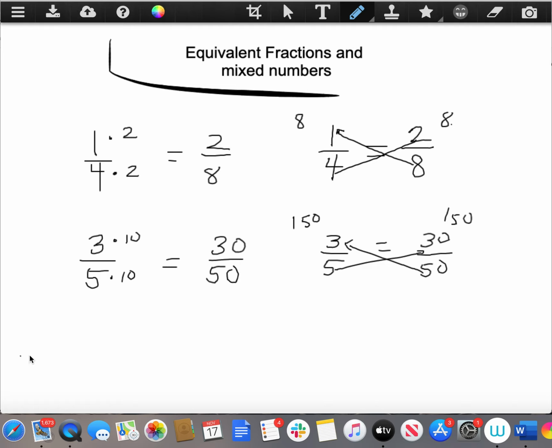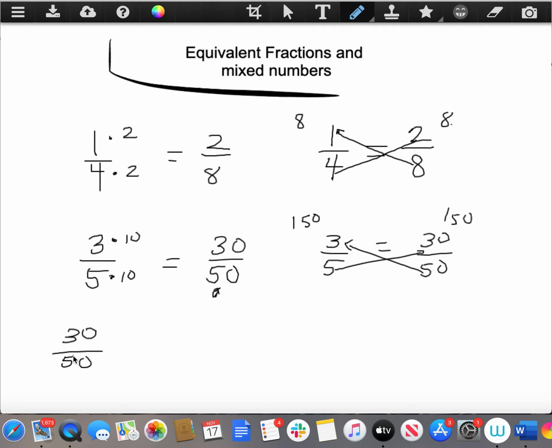Now, there's another way to make an equivalent fraction. I can take a fraction, I'm just going to take this one, 30 over 50. Before we said we can multiply the numerator and denominator by any number, and it would make an equivalent fraction. The same thing is true if the numerator and denominator have a common factor. Okay, we did the GCF, right?